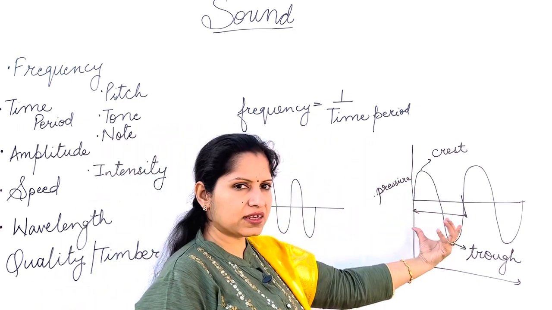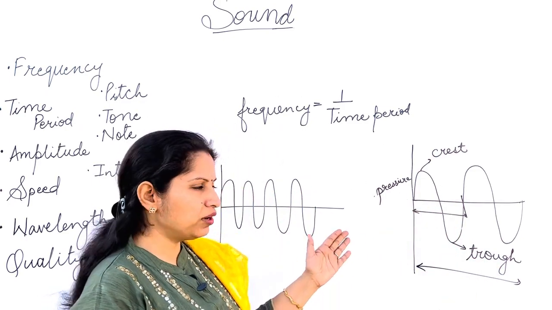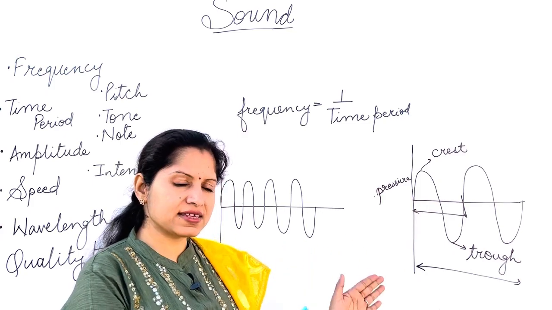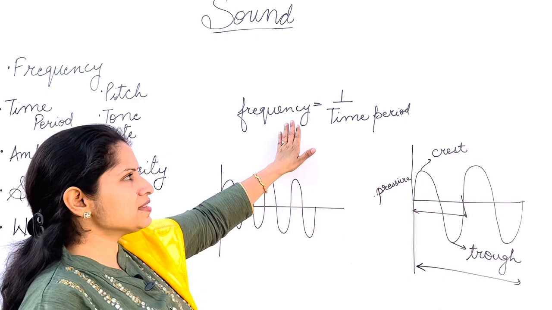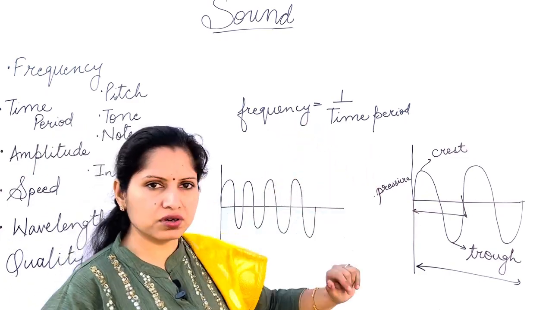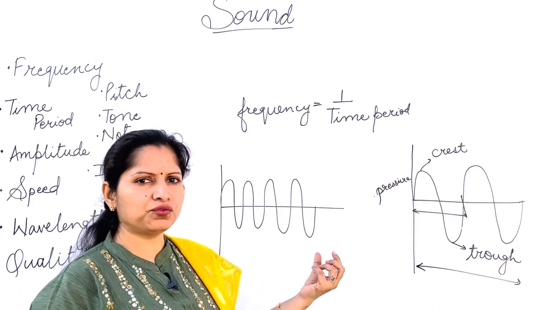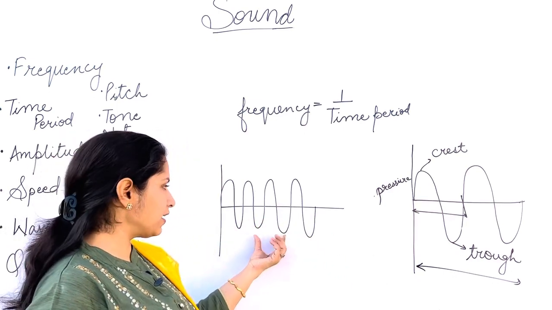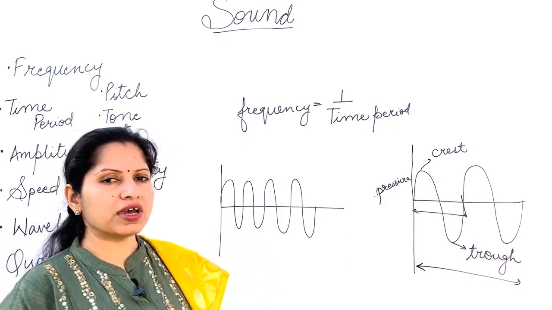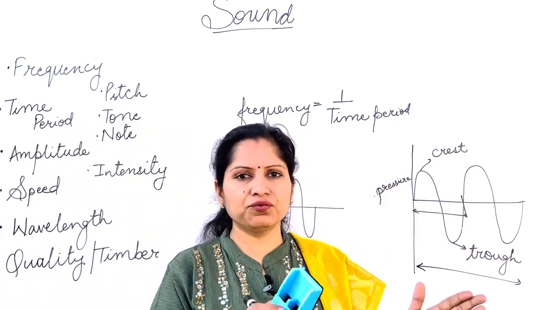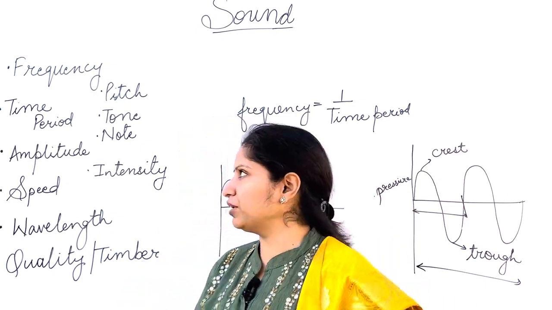In half a second one wave will be completed. The frequency of sound is not so low, but I'm just telling this example to make things easier. So frequency and time period are inverse of each other. Higher the frequency, less time will be taken for a particular wave. Here the frequency is high, so each wave will take very little time. So time taken for one complete compression and rarefaction is known as time period.